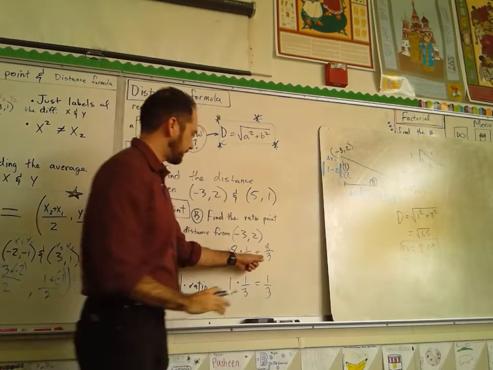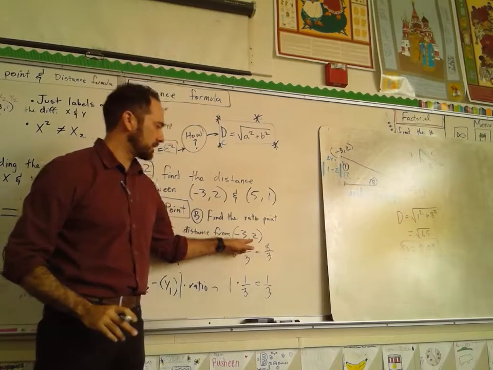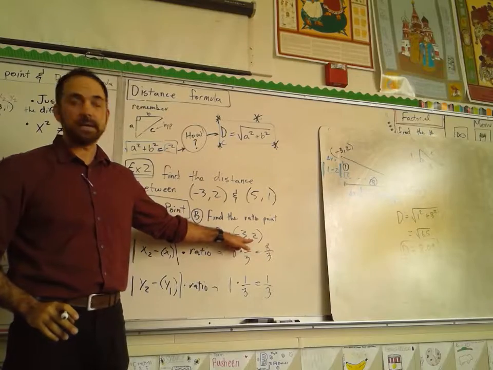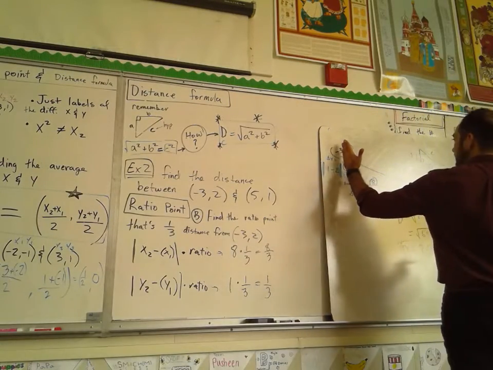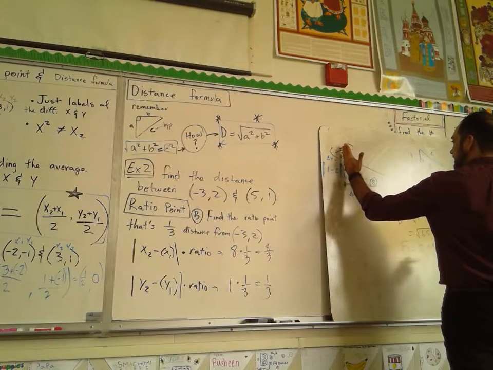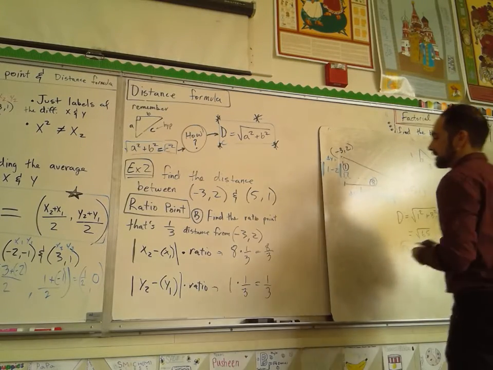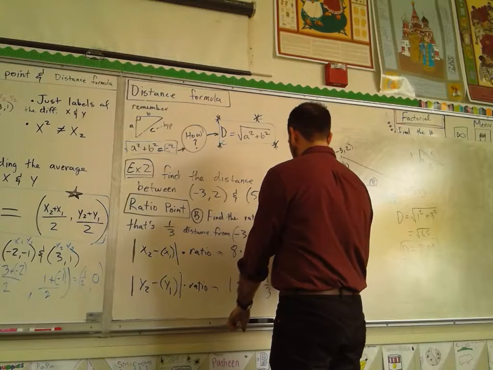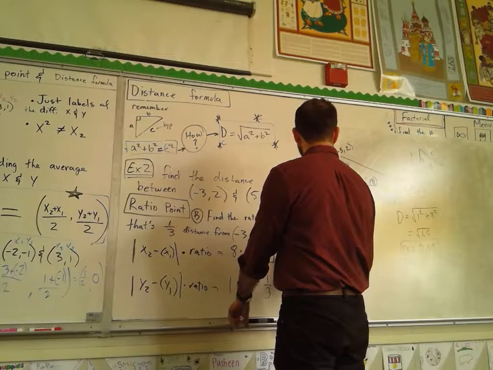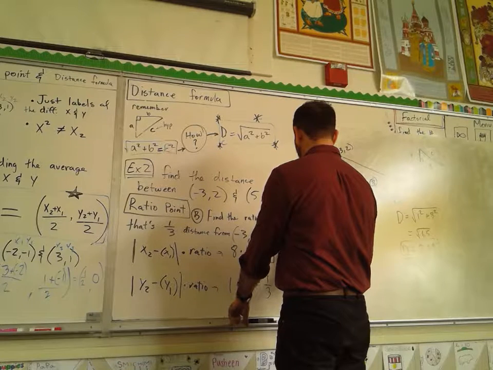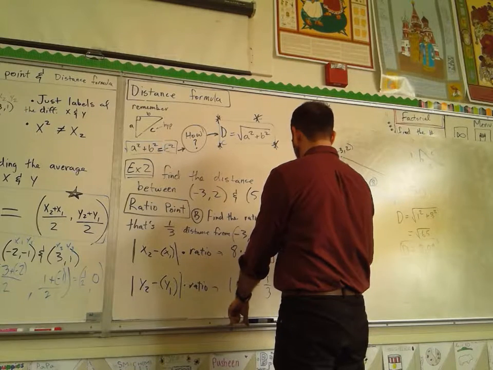Once you find how far you're going to move, you need to look to see what point you're moving from. Because (-3, 2) is on this side, if I need to move over this direction, I'm going to add the scaled distance.